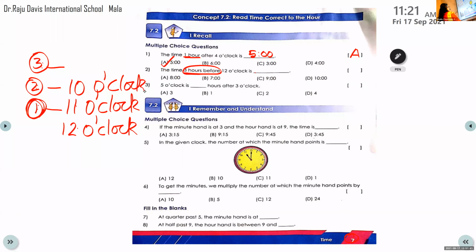Before 10? 9. So, you have moved 3 hours backward. So, what is the time you got now? 9 o'clock. So, put a tick mark on C, write 9 on the dash, and write C in the bracket.